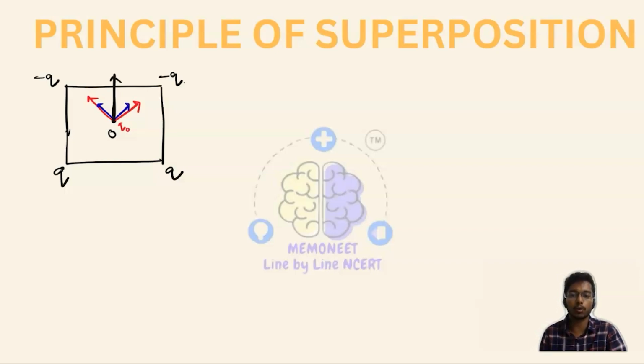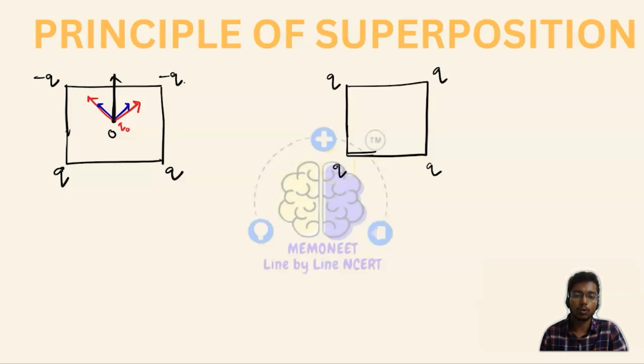Now let's see another question. In the corners of a square we are placing q, q, q, q. So what will be the force on the center? Now let's solve it.